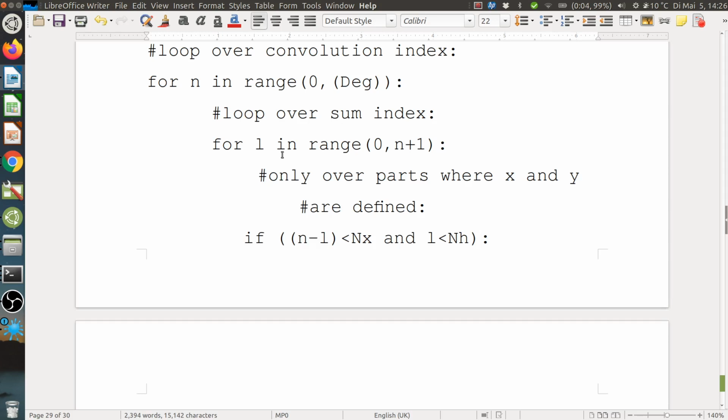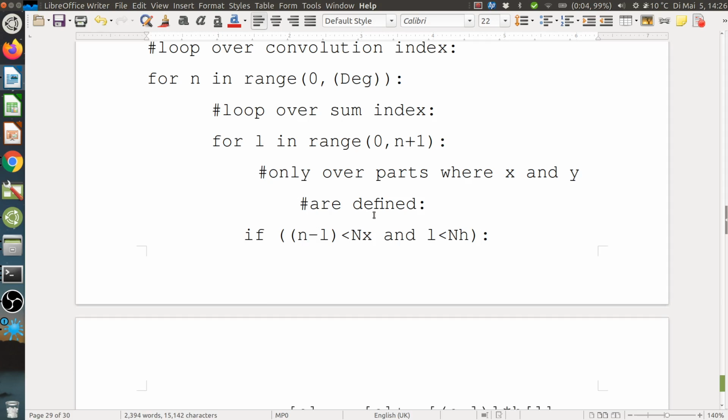That's why I have to check here inside the sum what is the maximum length. So the inside of the sum is checking that L is in the valid range of both arguments. So here for the first argument we have n minus L, and that needs to be smaller than the length of x, and the second argument is simply L, and that needs to be smaller than the length of h.